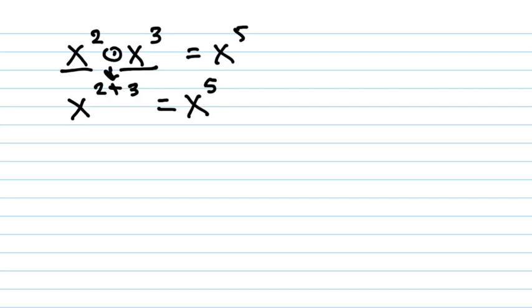Now, I know it's an extra step, but you can deal with it. What am I trying to get to happen here by adding that extra step? Makes you focus on the process, right? By adding that extra step, it reinforces that what you need to do is add those exponents. Because later we're going to look at an operation where what you have to do is subtract those exponents. And then later we're going to look at an operation where what you have to do is multiply those exponents.